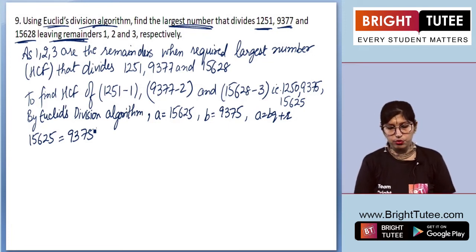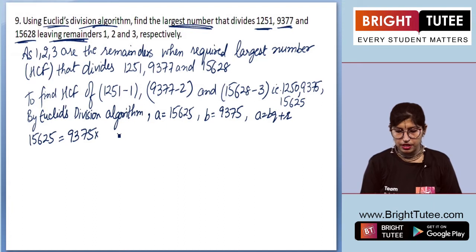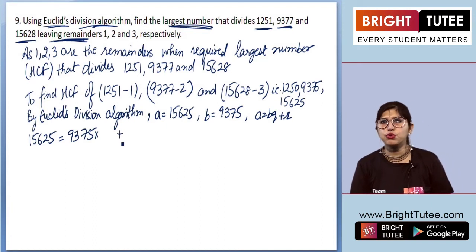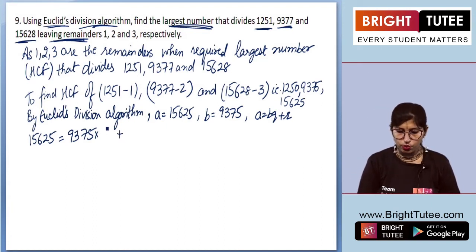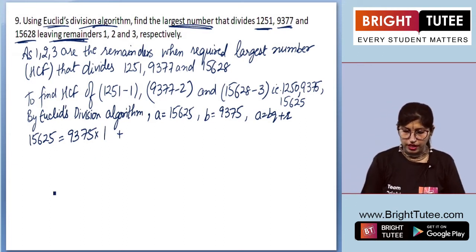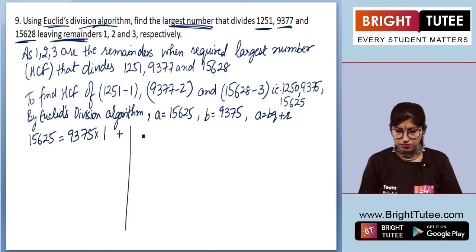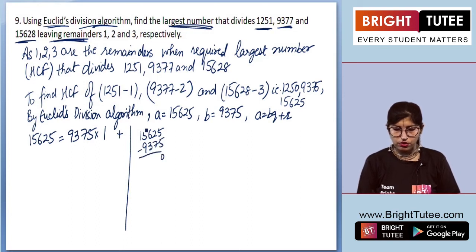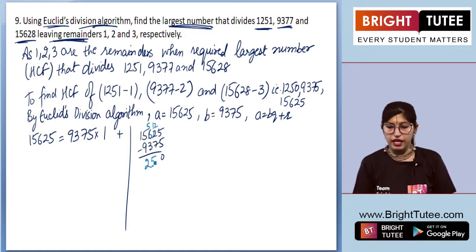Now let's try it out. Something multiplied plus something will give 15625. So 9375 times 1 plus the remainder. Let's subtract 9375 from 15625. 0, then 12 take away 7 is 5, 5 take away 3 is 2, 15 take away 9 is 6.